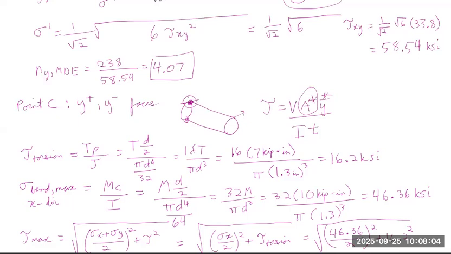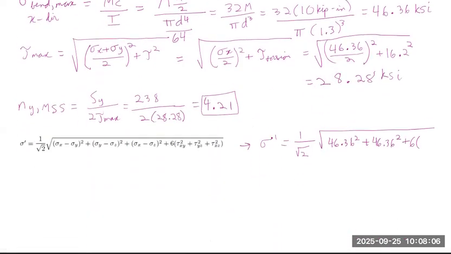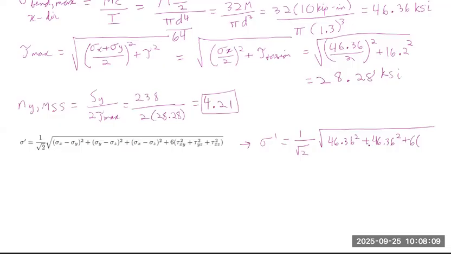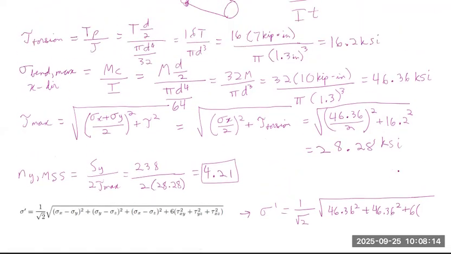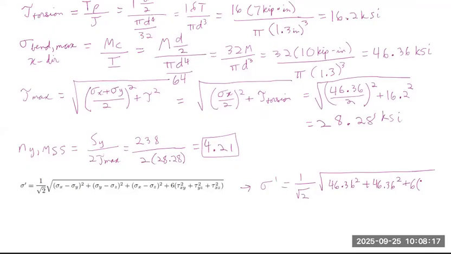So it'll be tau xz, similar to what we did for part B. Tau xz is equal to tau torsion, which is equal to 16.2 ksi, squared. So sigma prime is equal to 54.19 ksi.